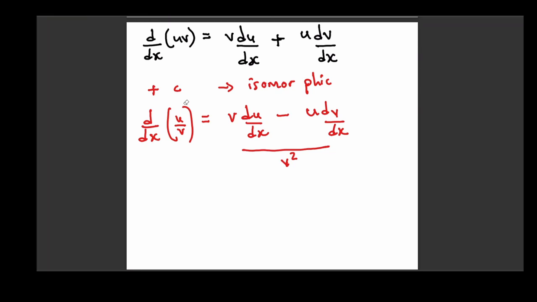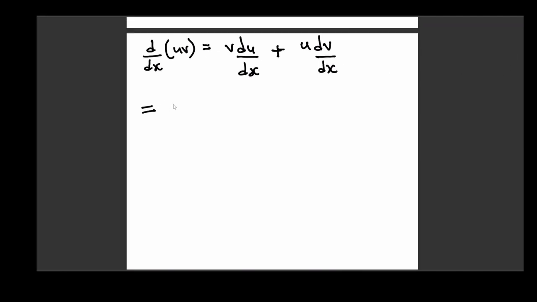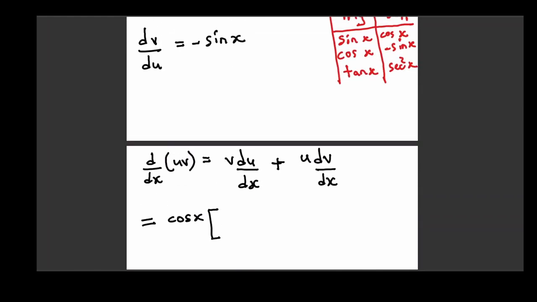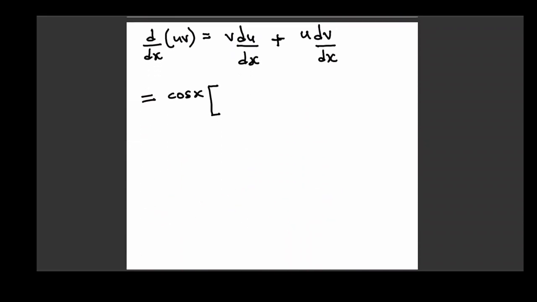Now, having demonstrated this, let us go to our question. So now it's a question of substitution. What is v? So this is going to be cos x multiplying what is du/dx. du/dx is 14 over (2x + 1).